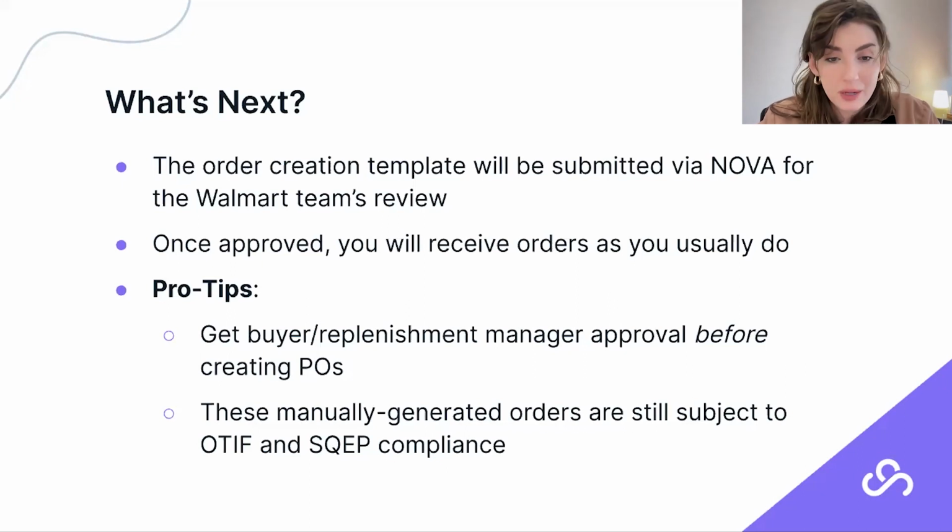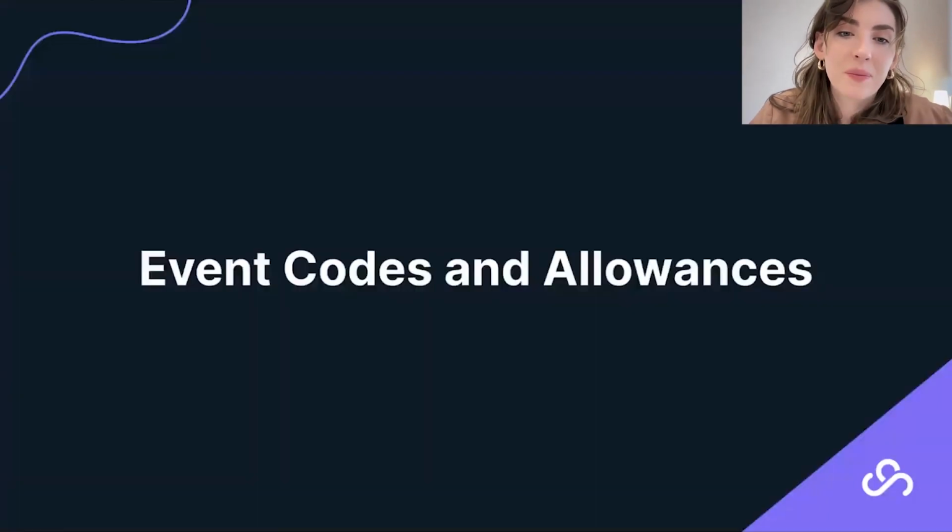If you would rather read about them in an article, go look in our search function. We have information in ebooks that you can just download and review and then send to people, as well as webinars. So I won't go too deep into OTIF and SQEP, but if you haven't heard of those, I highly recommend checking out both of your portals and some of our resources to help if you are seeing any of those compliance fines.